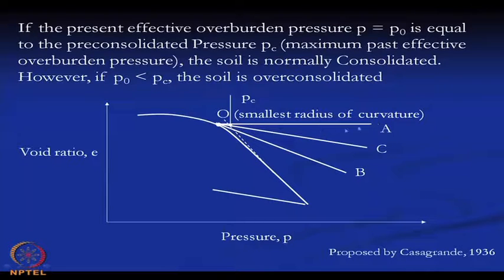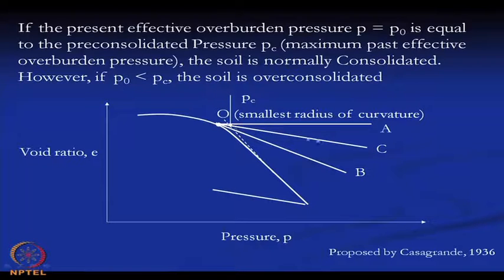Now, from point O draw a line OB such that OB is a tangent at O. Then draw another line OC such that it bisects the angle AOB.